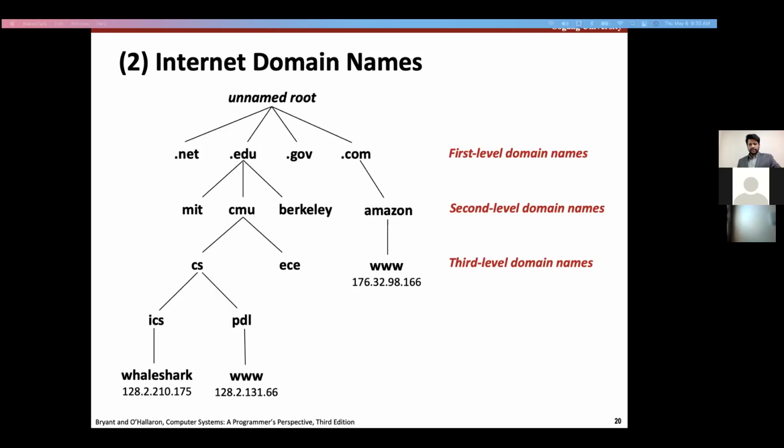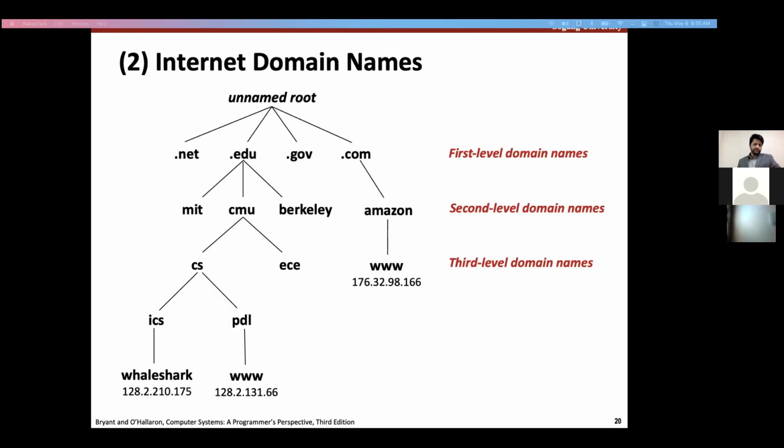And the next level is the collection of first level domain names that are defined by a non-profit organization called ICANN. I think it stands for Internet Corporation for Assigned Names and Numbers. The common first level domain names include com, edu, gov, org, and so on.